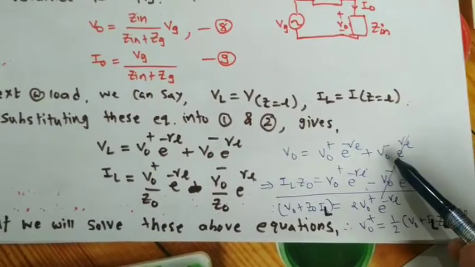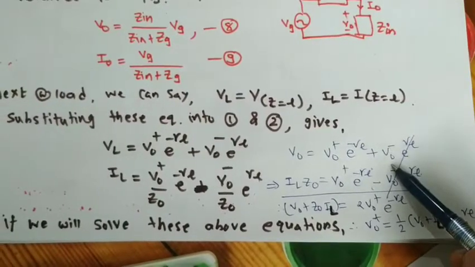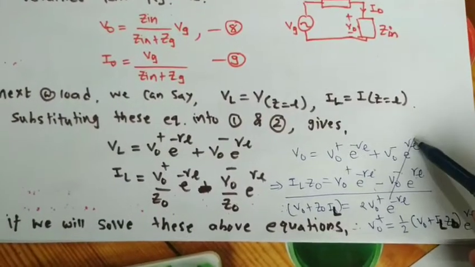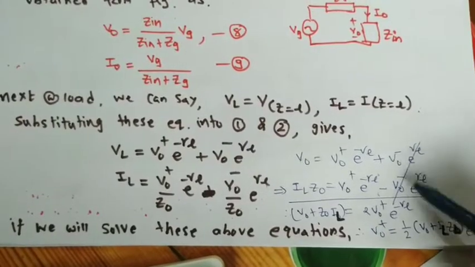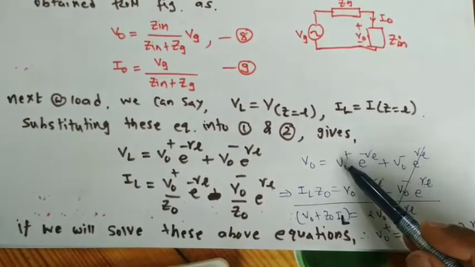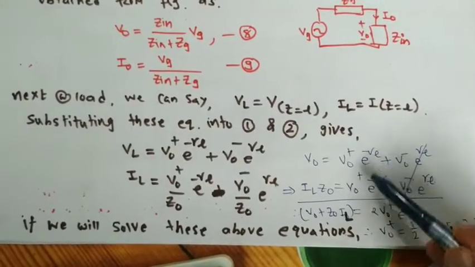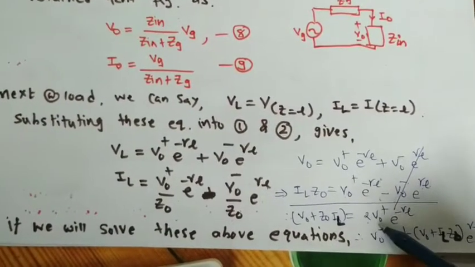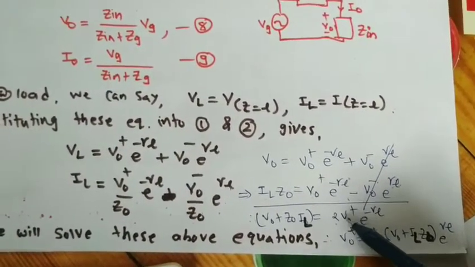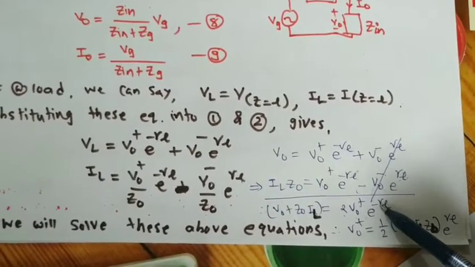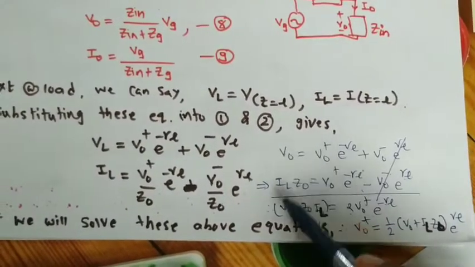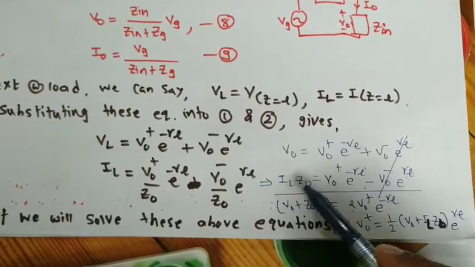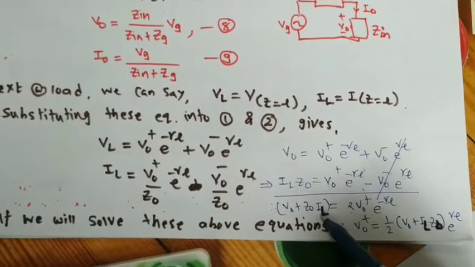If I sum them up, I can omit V0 minus, because the positive and negative terms cancel out. The V0 plus e raised to minus gamma L terms are the same quantity, so it becomes 2 V0 plus e raised to minus gamma L, equal to VL plus IL into Z0.